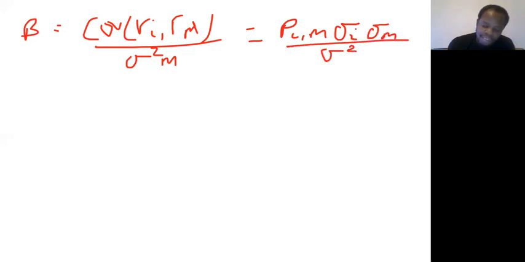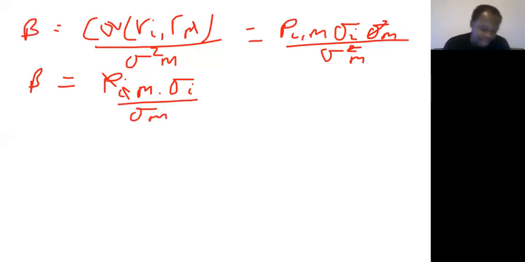So I can see this can cancel this. Then beta is equal to the correlation between I and M multiplied by the volatility of the stock I, over the volatility of the market.